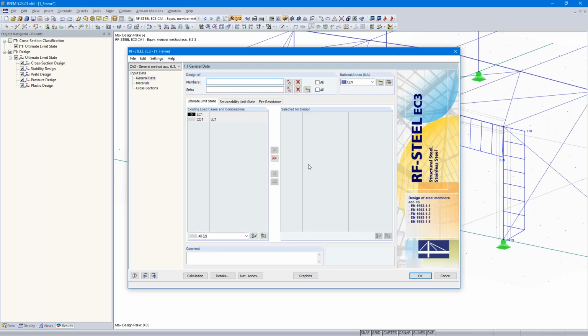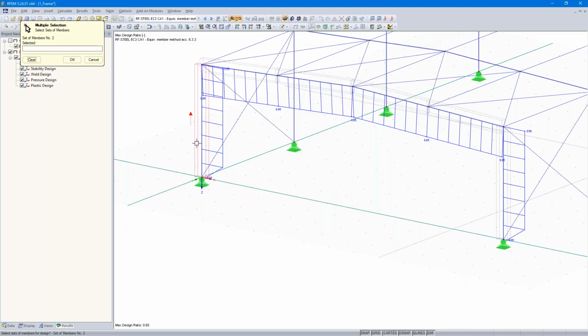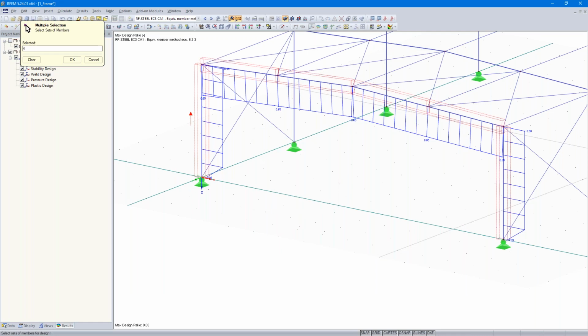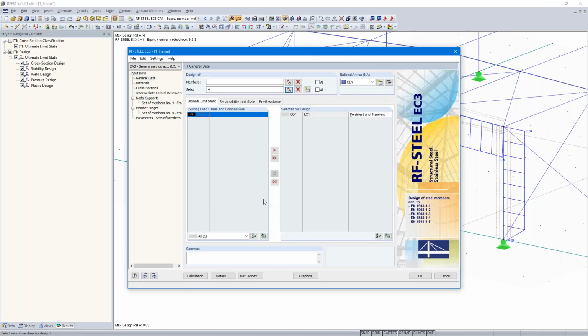Okay. Same national annex, same load combination, but this time for the set of members, I choose the whole frame. In that case, I will define the supports here at the single points. Okay.